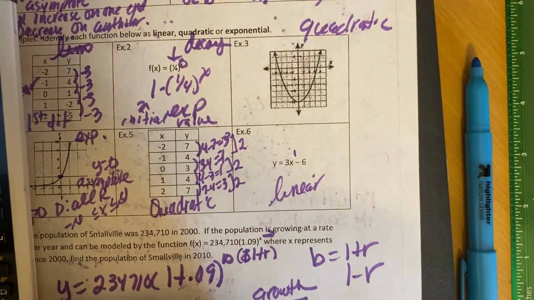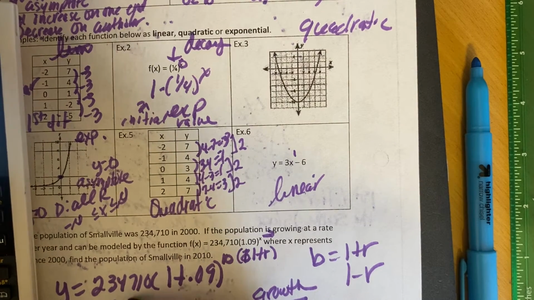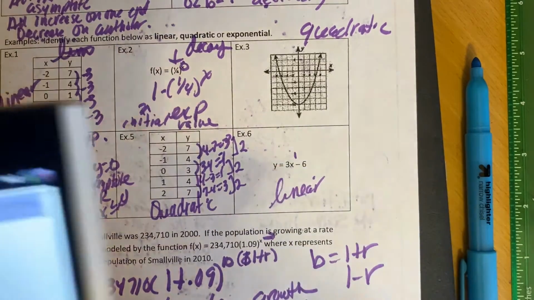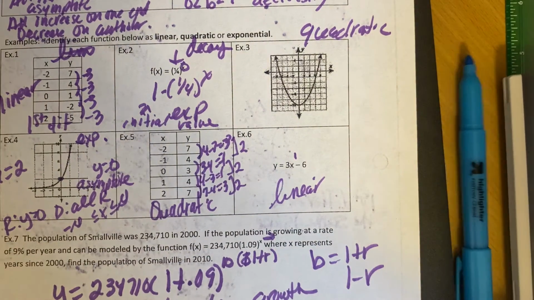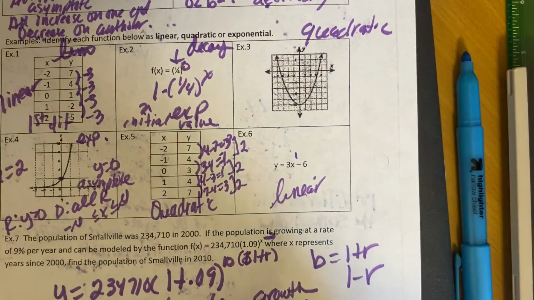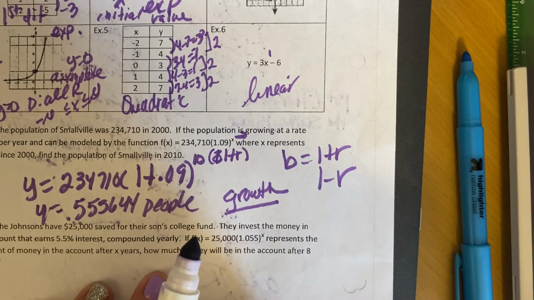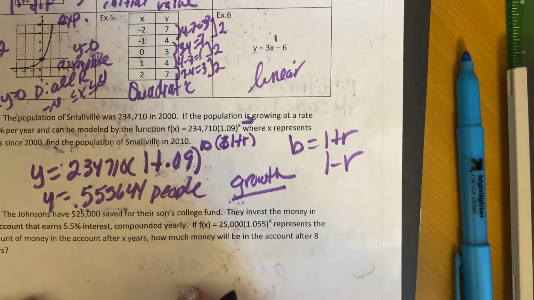And that's going to be y is equal to 555,644 people. And that's how you would do that problem right there. So go see if you can do that last problem.